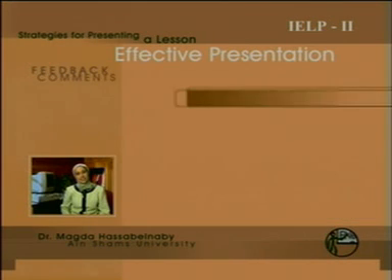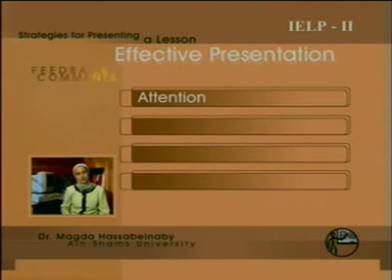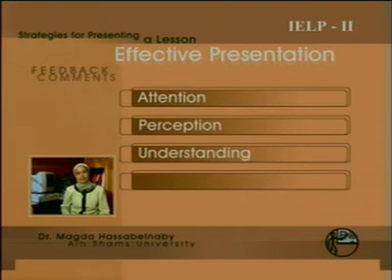In an effective presentation, learners go through the following stages: attention, perception, understanding, and short-term memory. Now, to sum up what took place during this presentation. First of all, Mr. Mansour managed to capture the students' attention through his strong beginning, and therefore the first stage of attention was realized.